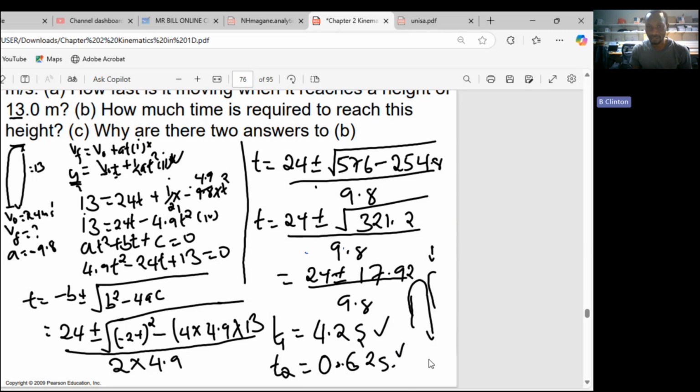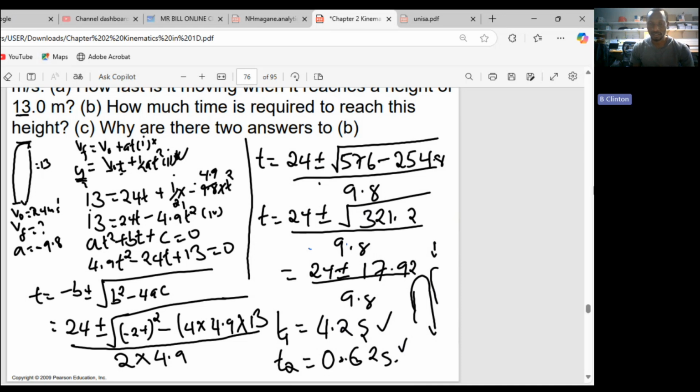That's the difference between these 2 times: 4.2 when the ball is moving downwards, and 0.62 when the ball is moving upward. When it moves upward, its speed is being decreased by g, but when it's moving downwards, its speed is being increased by g.